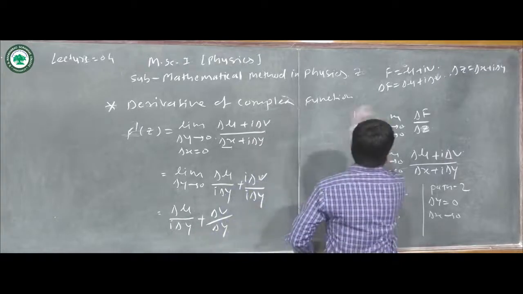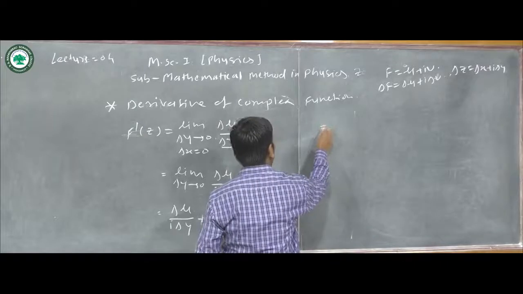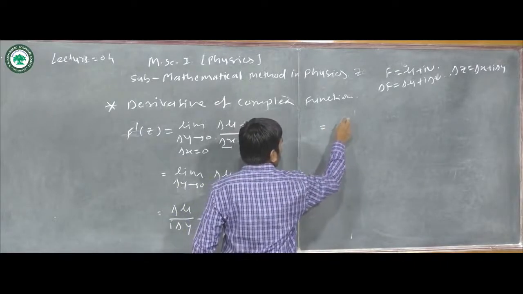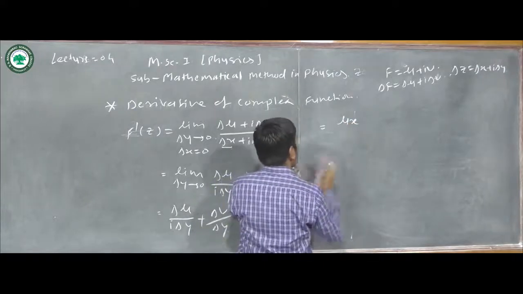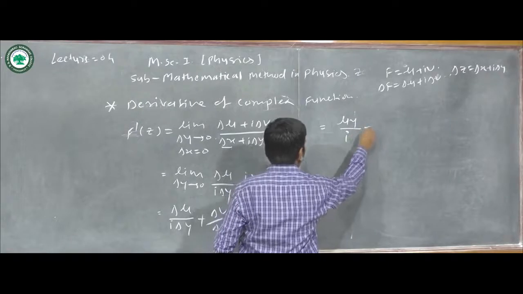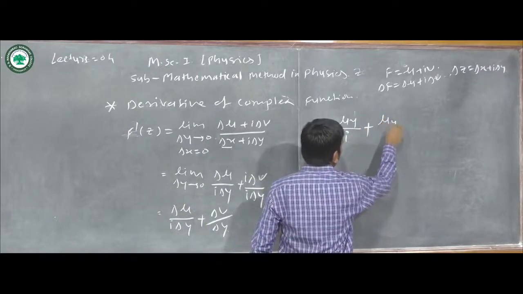So I can write this u_y divided by iota plus, and this is u_y.